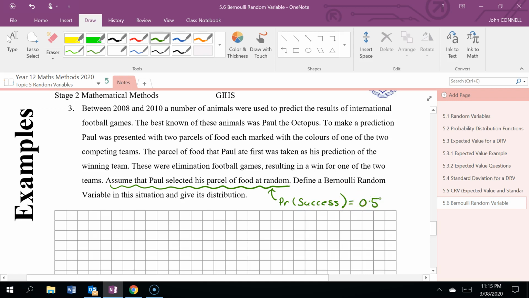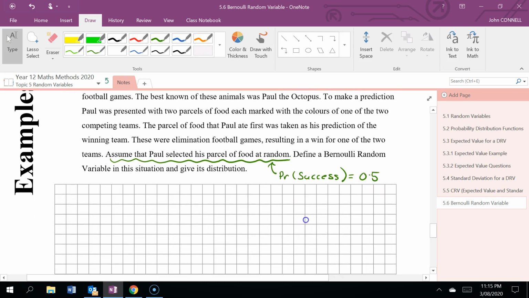So I've got to define a Bernoulli random variable and give its distribution. So again, in this case, I want to define it in such a way that the only two values are 1 or 0, and 1 represents success and 0 represents failure.